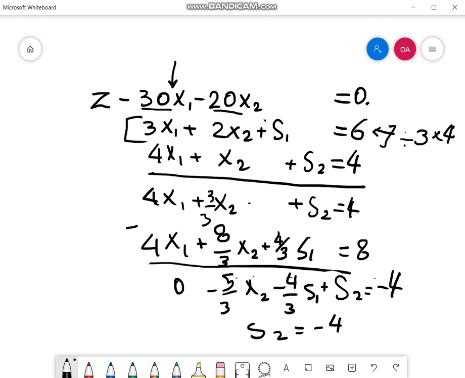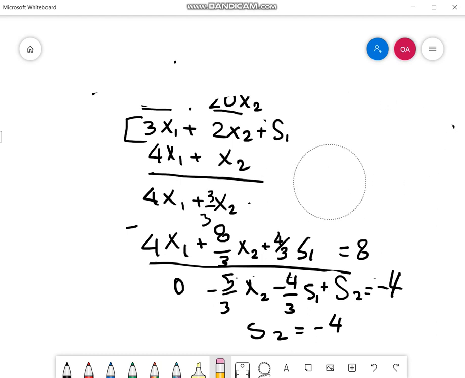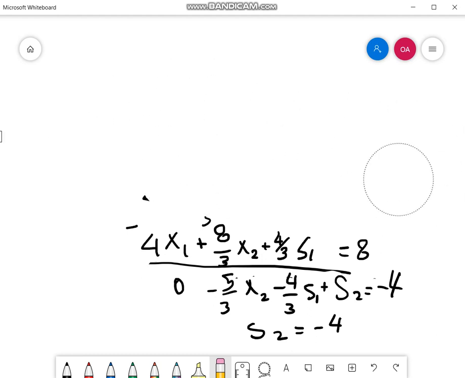I need 4 more hours or 4 more units for s2 to go with this plan, which says I should make x1 equal to 2, still not producing anything from x2, which is not feasible. So this is not in my economic region. So I need a tableau for this. I need some governing rules using the simplex method.